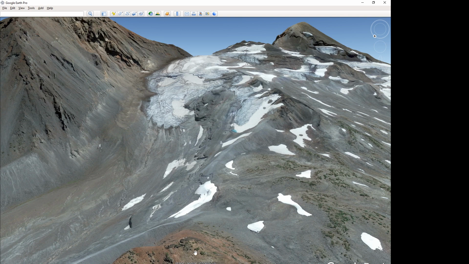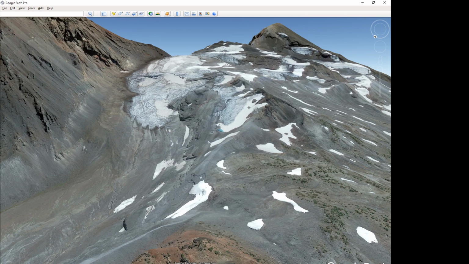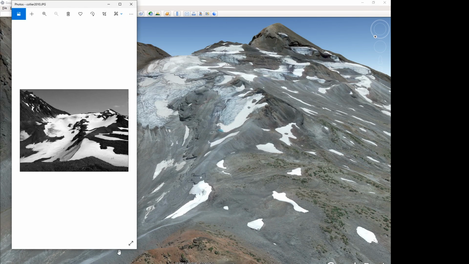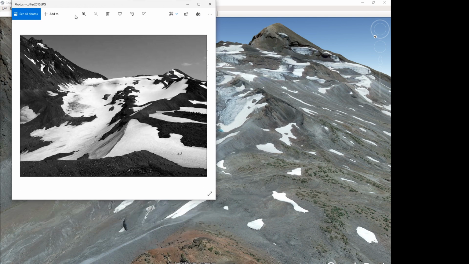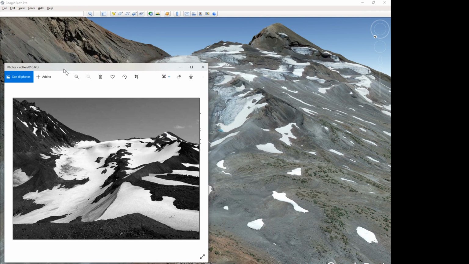So for example, if I get to about this location, roughly, it looks fairly similar to, oops, I opened up the wrong picture. It looks fairly similar to the modern picture. This is a picture I just cut from the article, but it's the same picture.